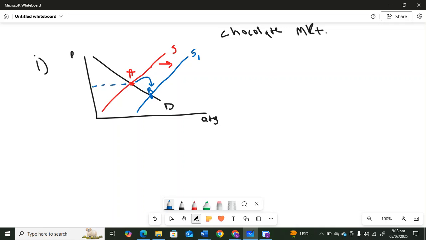And what we see happening here is a reduction in the price of chocolate, because there's now an abundance of chocolate, so the producer can reduce the price so that more units are moving.